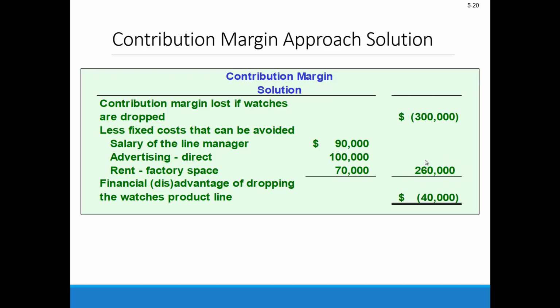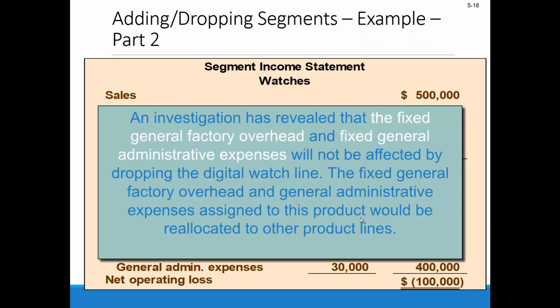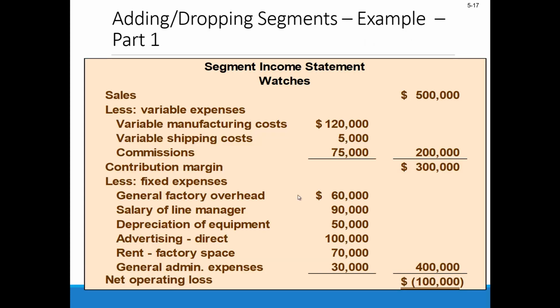So we are essentially comparing the contribution margin we'd lose from selling those watches to the fixed expenses we'd save from no longer producing them. And in this case, we see a financial disadvantage of dropping the product line in the amount of $40,000. Again, that relates to the fact that there were several fixed expenses that were unavoidable. The general factory overhead was just allocated to our different product lines.